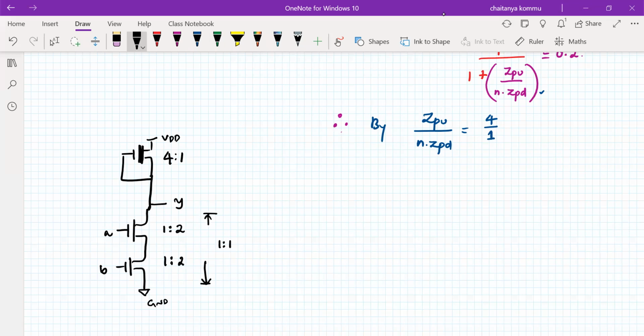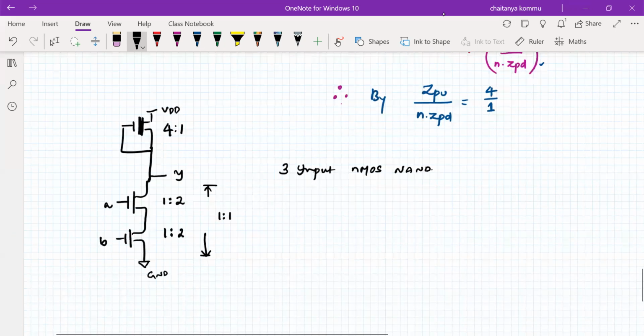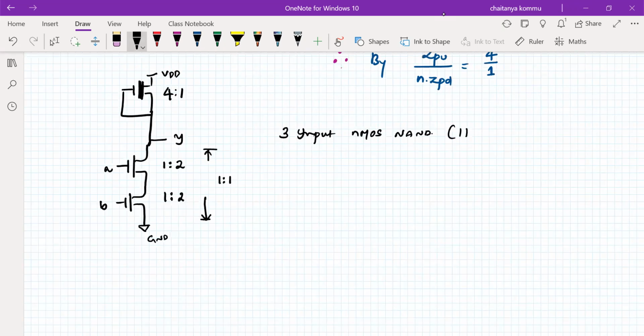So find out what the length to width ratios are for the depletion mode type and enhancement mode type of transistor for a 3-input NMOS NAND gate. Please take it as homework and do it.